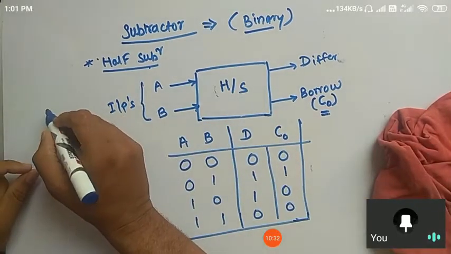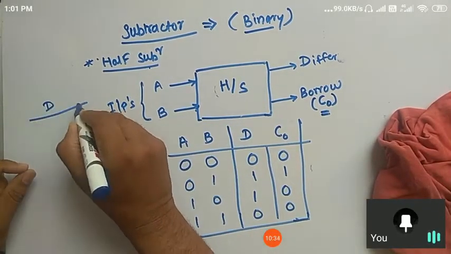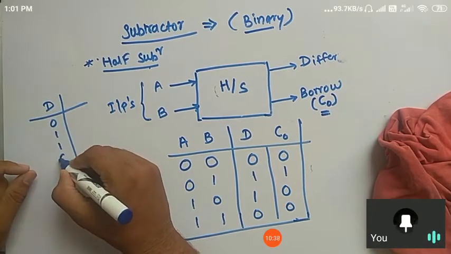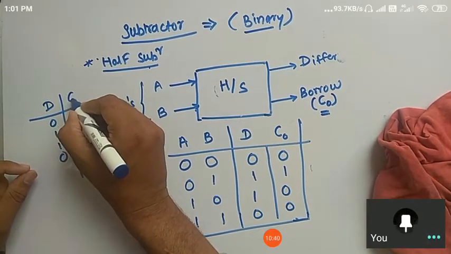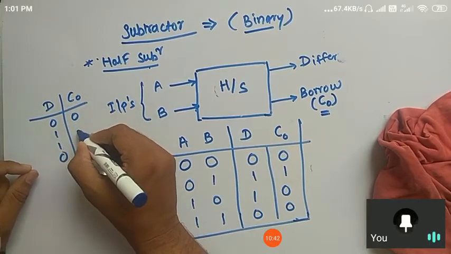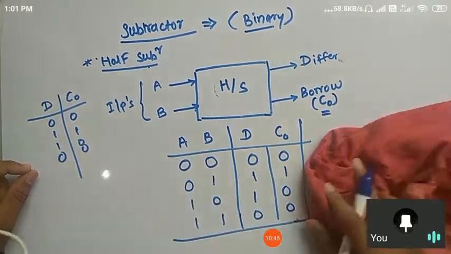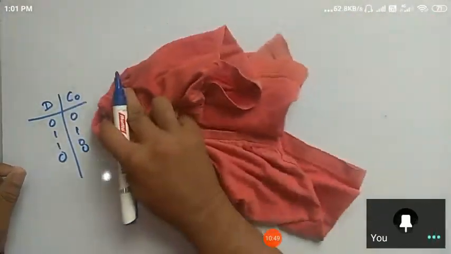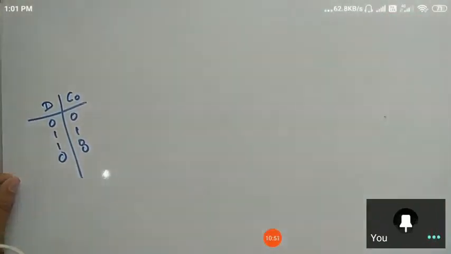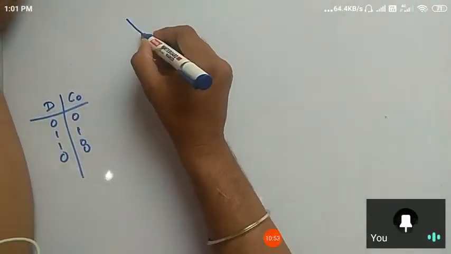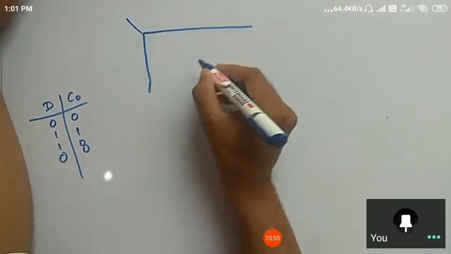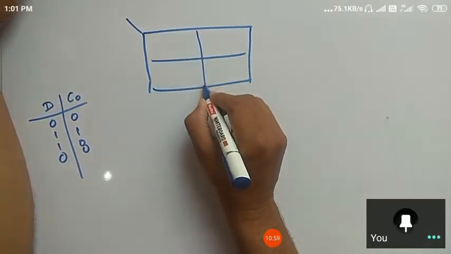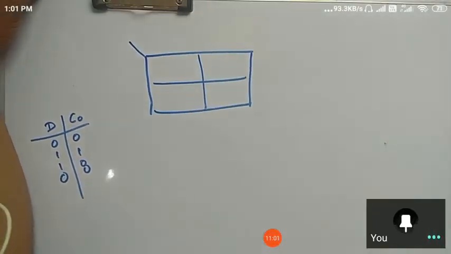Now for your understanding, to draw the K-map in the next step, I am writing the last two columns, difference and borrow: 0 1 1 0 and 0 1 0 0, right? Now I am going to find the minimal equations using the K-map. How many input variables are there? A and B, 2. How many cells will be there in the K-map?